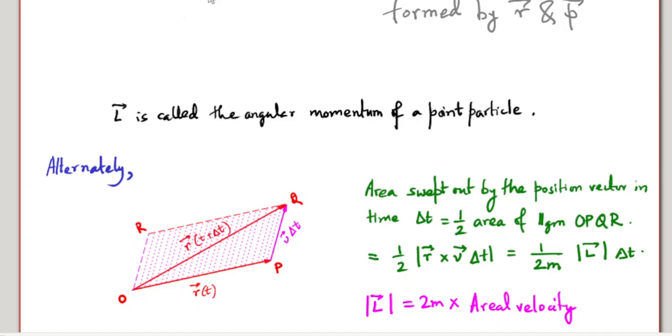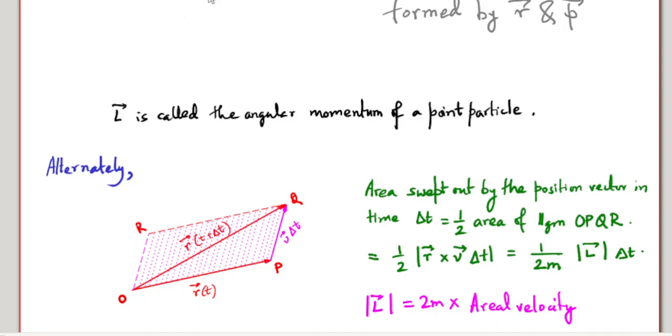So this vector OP is the R vector at t, and OQ is the R vector at t plus delta t. The vector PQ, the vector joining the two, is obviously given by the velocity of the particle times delta t. That's the displacement of the particle in time delta t.